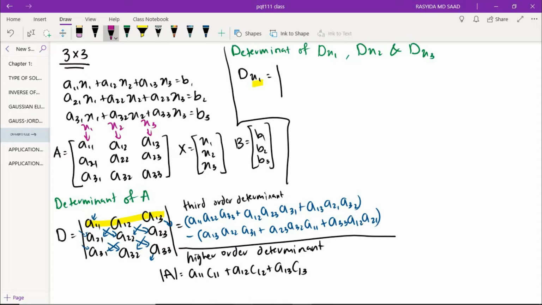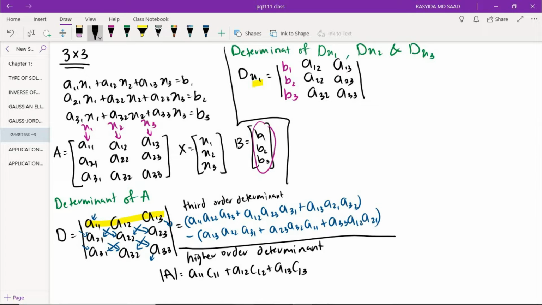So we substitute the values of matrix B into the column of the variable we want to find. For x1, we substitute in the first column: b1, b2, b3, then a12, a22, a32, a13, a23, a33. So this is for x1.